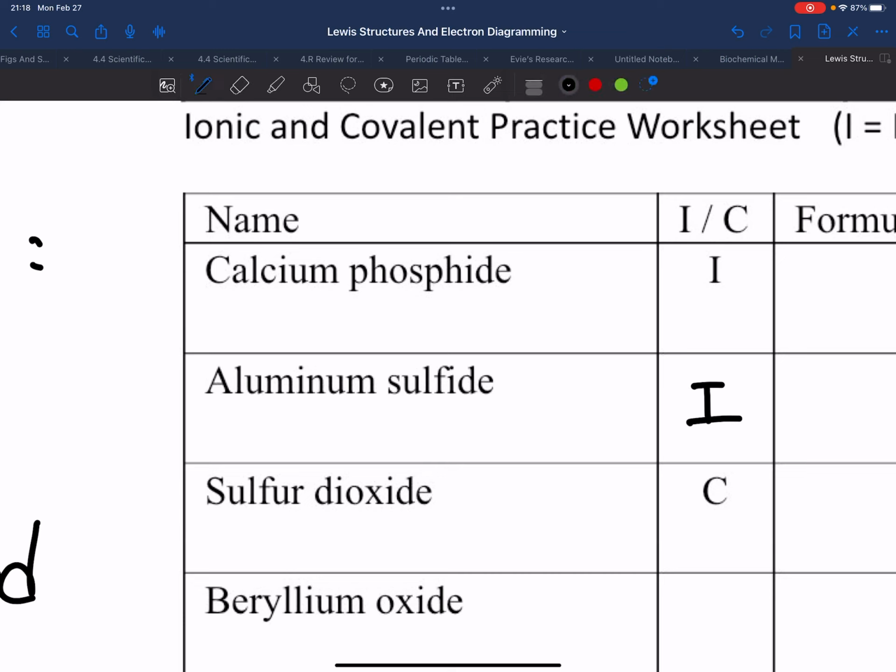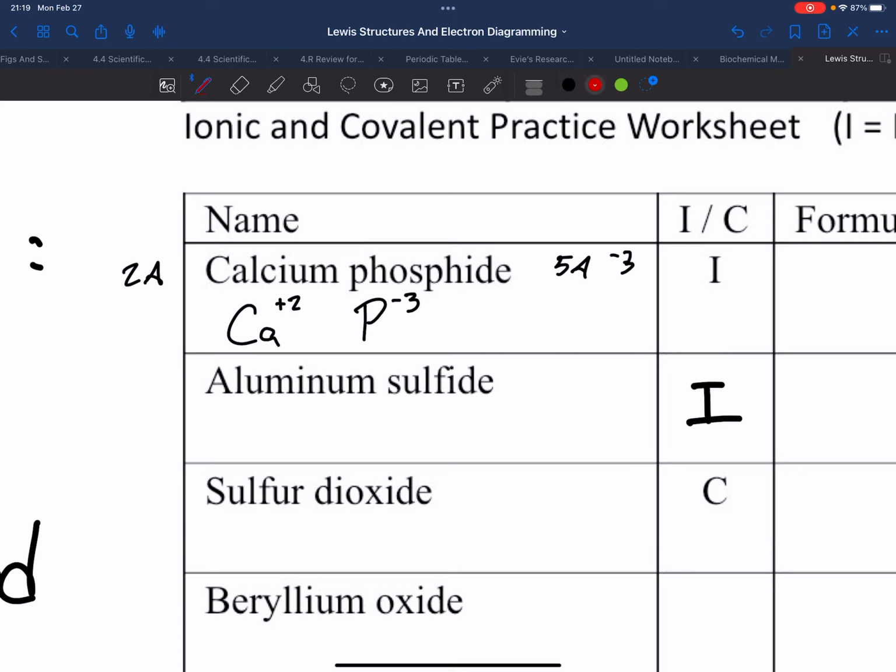Calcium is in group 2A, so it is going to be calcium plus 2. Phosphide is in group 5A, and that becomes a minus 3. So it's Ca plus 2, P minus 3.